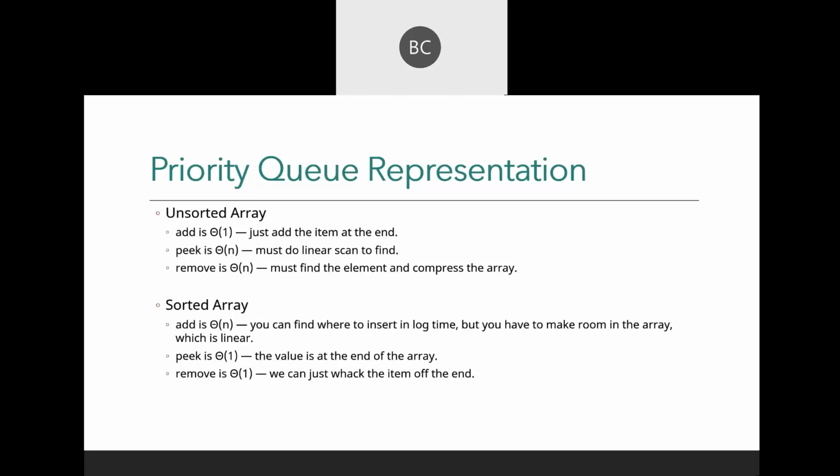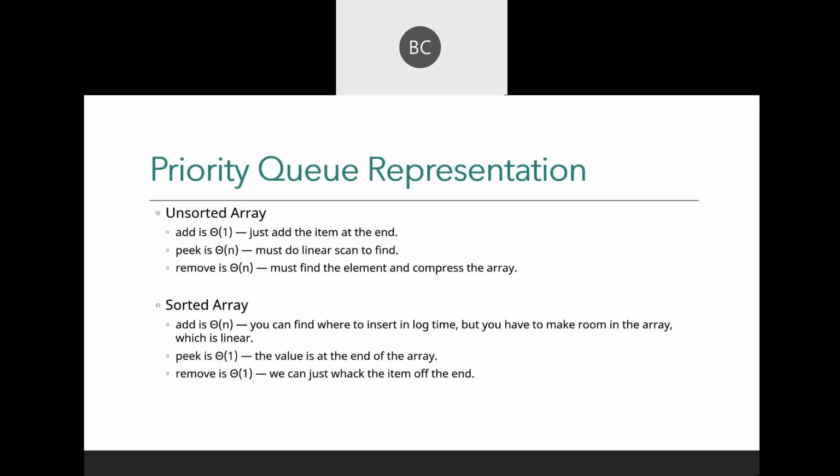Each implementation will have a different running time. The best way to implement a priority queue is the heap data structure. We will learn about it when we go to the tree structure. Heap is a tree data structure.